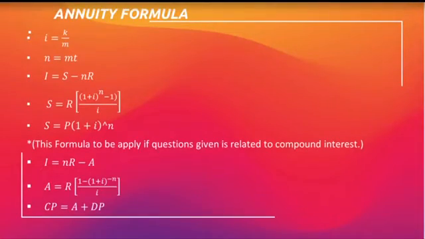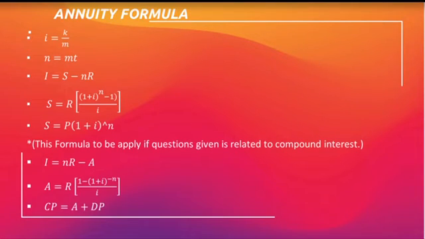Firstly is the formula of annuity, and secondly, the keywords of annuity. The formulas we use: 1. I equals K over M. 2. N equals MT. 3. I equals S minus NR. 4. S equals R times [(1 plus I) to the power N minus 1] divided by I. 5.